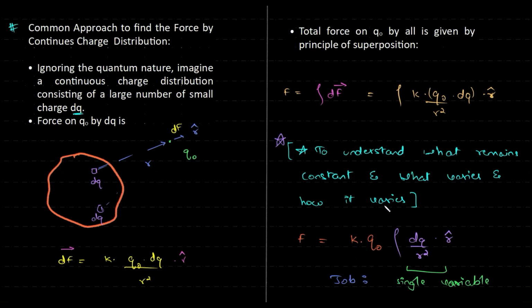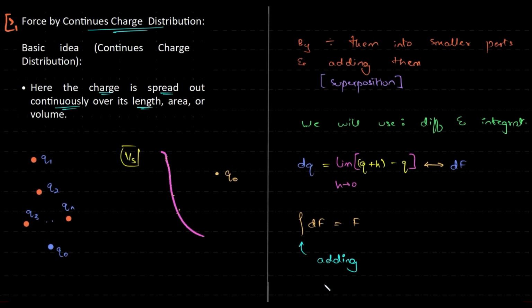And when we talk about integration and differentiation, we have dF and the variables related to dF. And we have certain variables that will not remain constant, right? With the change of dq and r and so on and so forth, things will change. And expressing this as a single variable and integrating, that's our job. Okay, so we will understand throughout the next half of the syllabus. For now, you guys have to pause, have a look, and write everything.